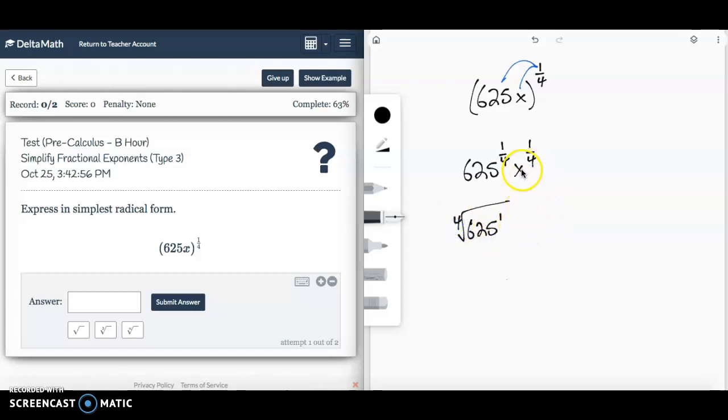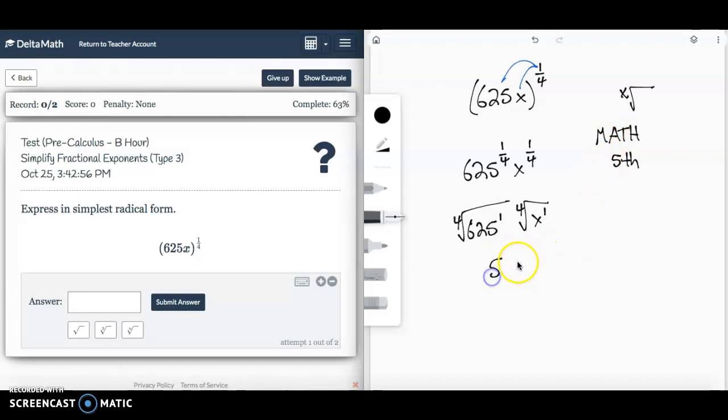Same thing with my x variable. I'll have x to the 1st power, and I'm doing the 4th root of that. I'm going to see if I can actually calculate this part in my calculator. So again, if you want to get to a 4th root, you hit math, and then the 5th selection looks like a little x root. And so then you can plug in a 4 for your index and then 625 underneath.